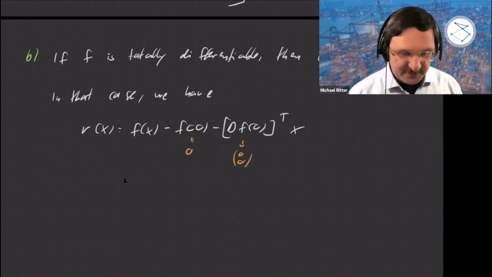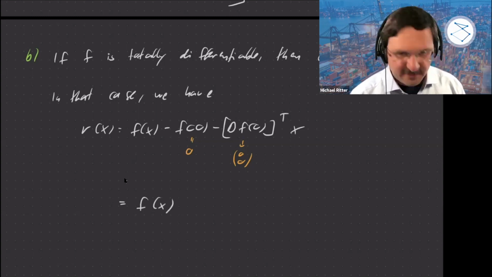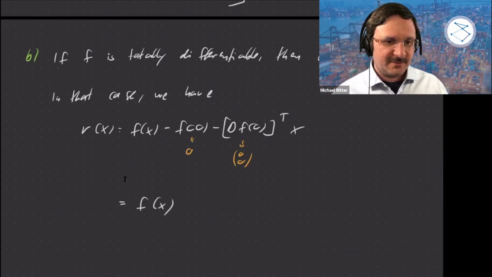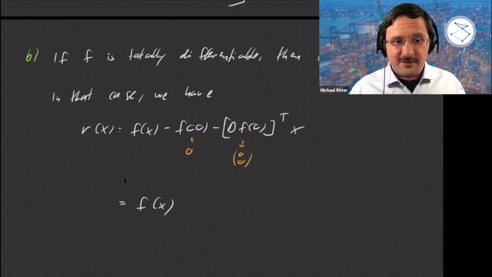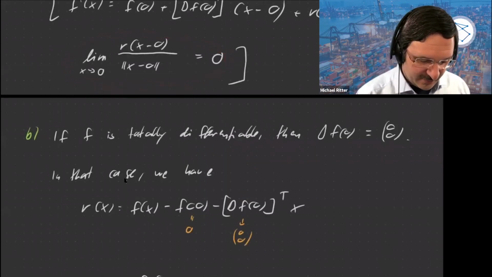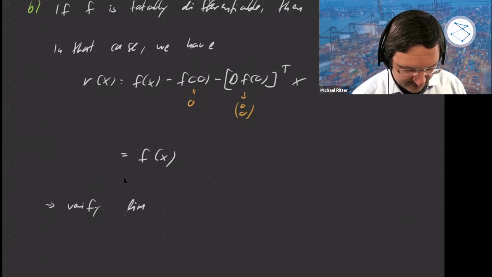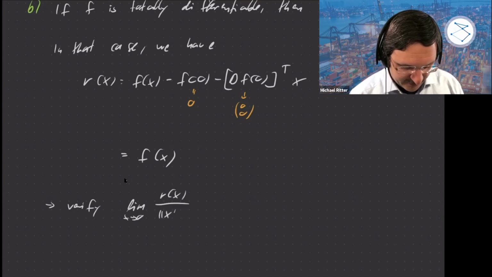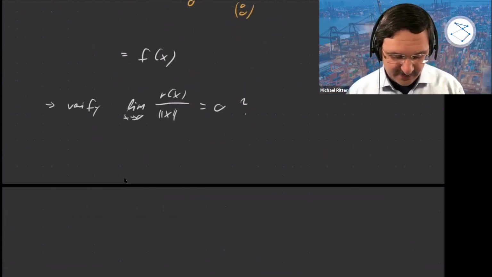We know that f of 0 is 0 by definition. So that means the remainder is the same as the function value outside of the origin. So we have to verify whether this condition here holds or not. So we verify that the limit of x to 0 of r of x divided by the norm of x is 0 or not. Maybe that's not even the case.